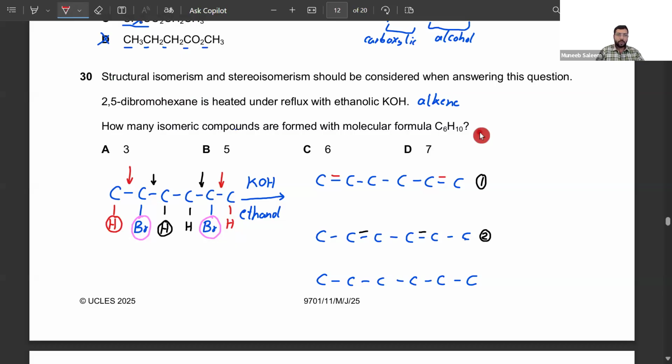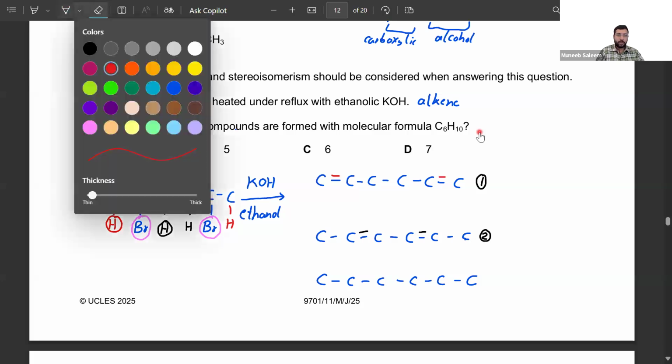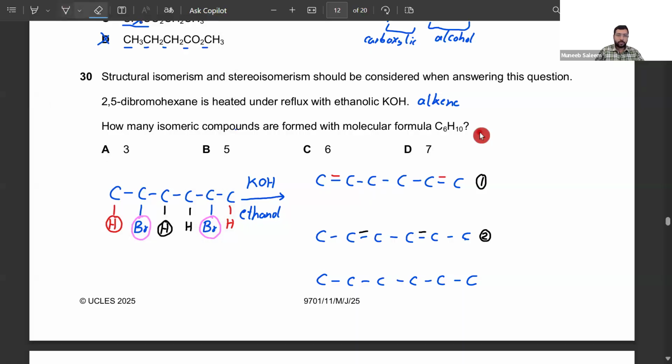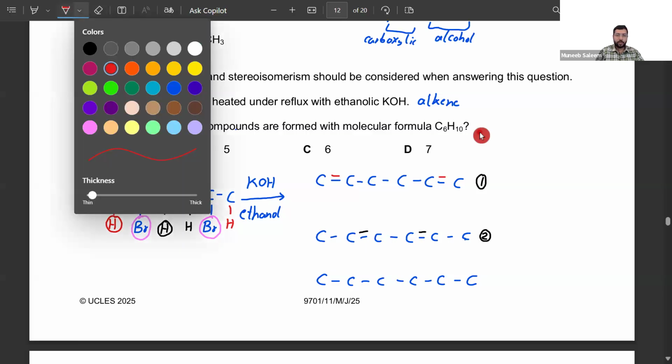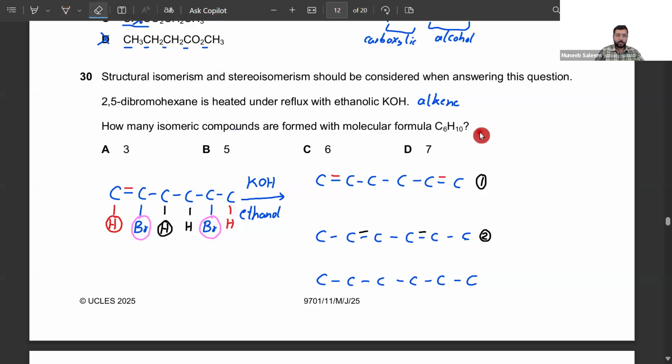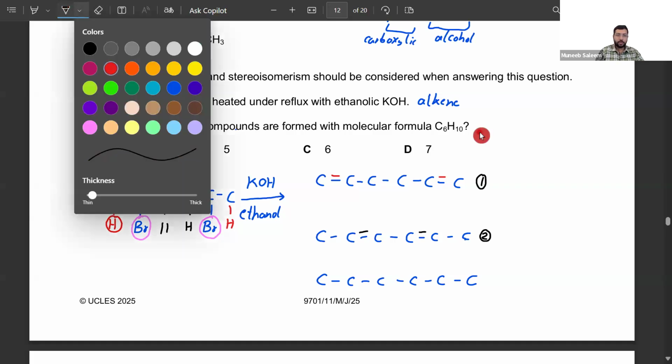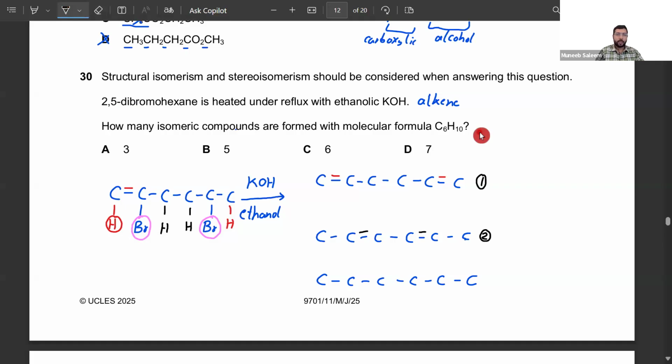Now, in which position would I have the double bonds coming on the structure? One double bond will come over here, and the other double bond, just to make sure, I don't have to remove this hydrogen of the left side. I have to remove the hydrogen of the right side because bromine is present on the right side.